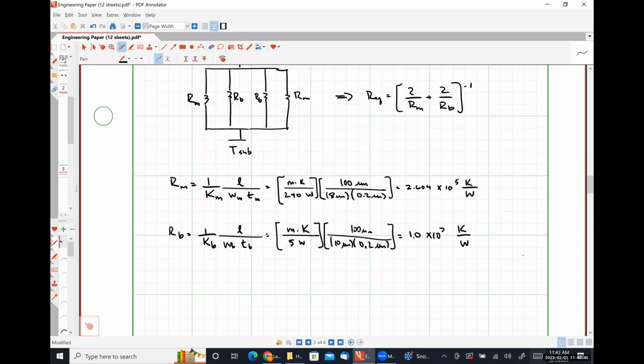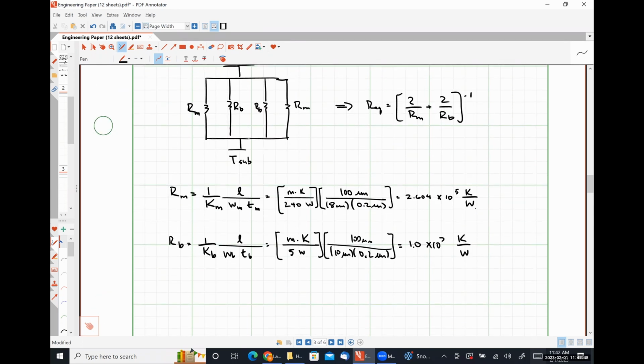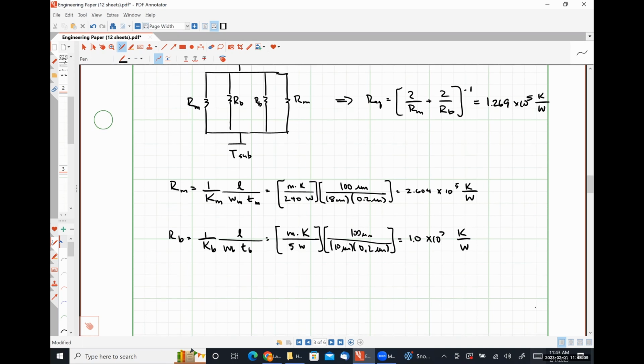Substituting in the values for the thermal resistance of the metal and the thermal resistance of the beam, we wind up getting an equivalent thermal resistance of 1.269 times 10 to the 5 kelvins per watt, which is fairly close to just half of the thermal resistance of the metal, which we would expect when we have something small in parallel with something large.